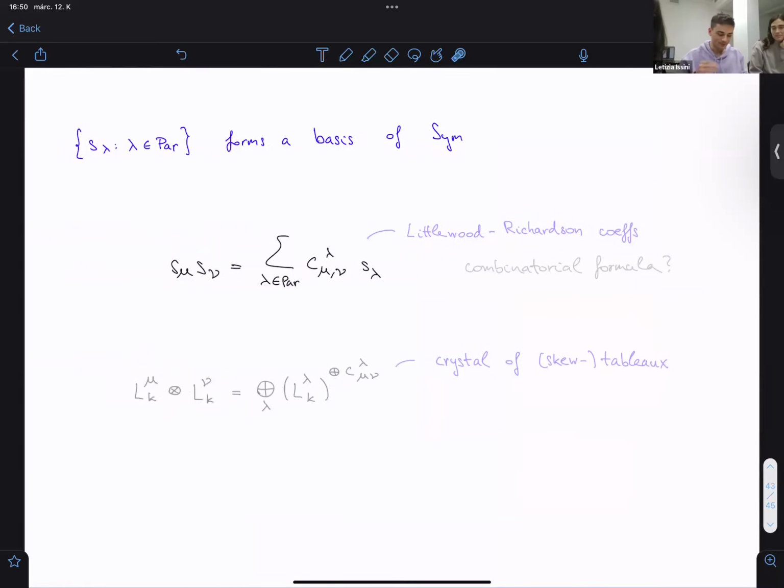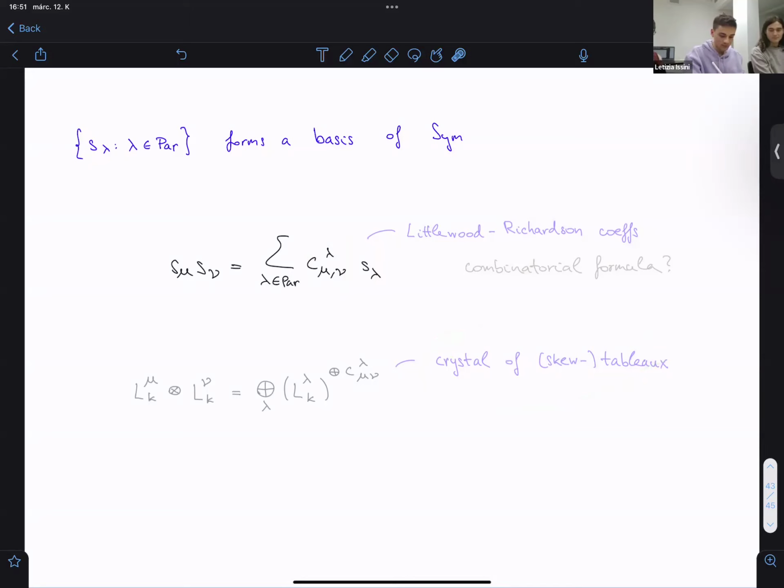So, for crystals of type A, I'm pretty new to the topic. I can give you one example that's a big question in combinatorial representation theory, and people suspect that it's related to crystals. For the Littlewood-Richardson coefficients, you actually have a combinatorial formula which can be proved via looking at crystals.